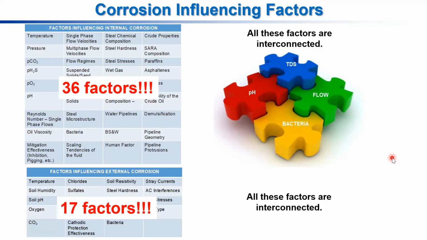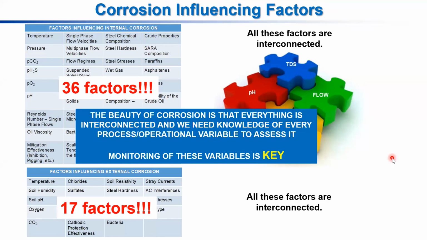Think about it. It's a lot of factors. That is why, ladies and gentlemen, the beauty of corrosion is that everything is interconnected. We need knowledge of every process, every operational variable to assess and evaluate corrosion.